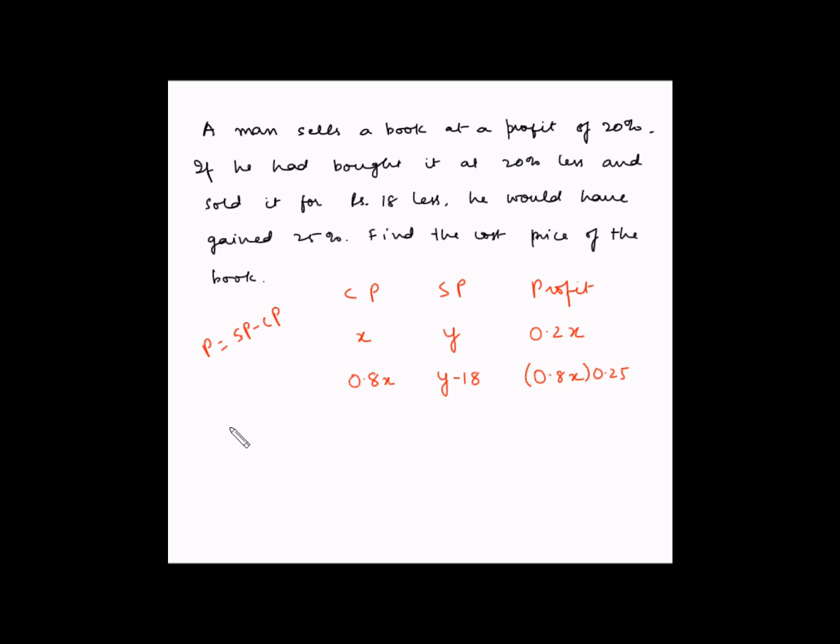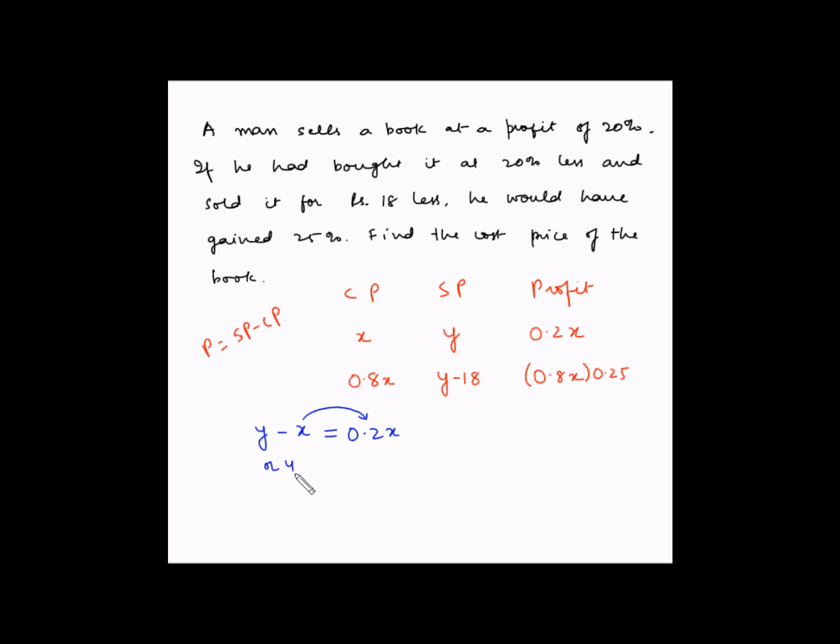So in the first scenario, profit is equal to selling price minus cost price. So selling price is Y, so Y minus X, which is the cost price, is equal to the profit, which is 0.2 times X. So let's move this X on this side, and it has a negative sign, so it will become positive.